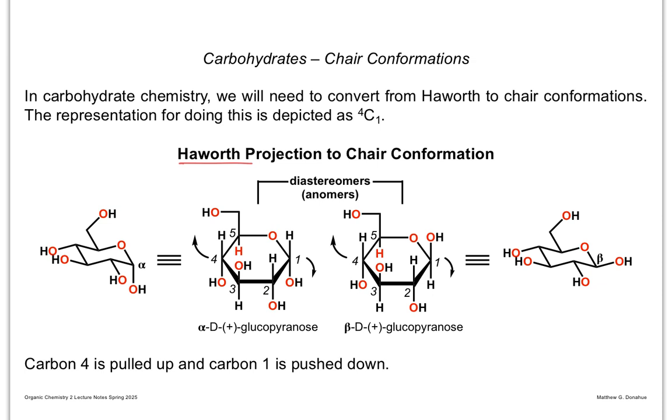And so the way we do that, we take carbon 1, we push it down. Carbon 4, we push up. And then you'll see it's given that nomenclature. We know that carbon 4 is up, carbon 1 is down in that chair form.